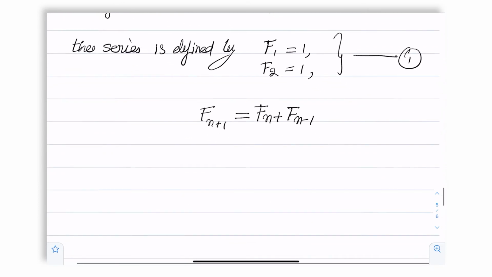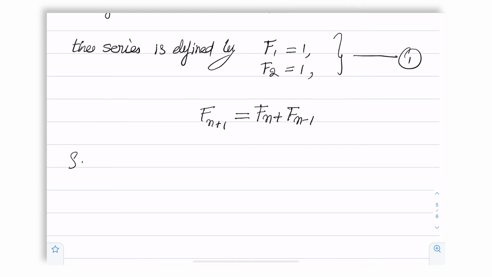The same rule can also give other series provided we use different initial values.